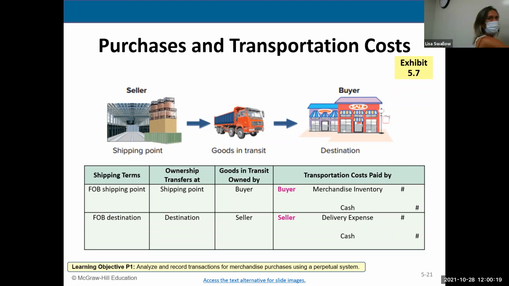Always put your plus and minus still to this day to help you. And we have now learned 4 different things that can go into your merchandise inventory. 2 on the debit side and 2 on the credit side. And I want you to actually write what they are. So one of them is the purchase price.